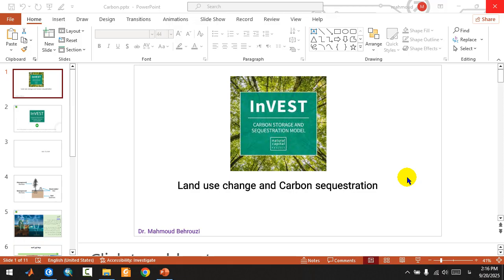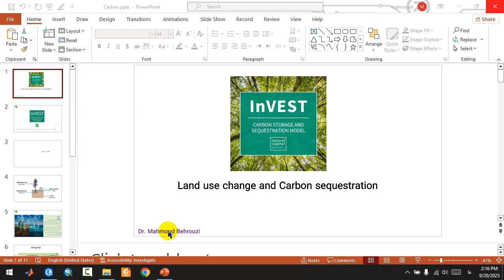I am going to calculate the land use change and carbon sequestration in the InVEST software. The ecosystem stores carbon spatially in the vegetation and green land use, but climate change by global warming dried this vegetation and destroyed the forest.